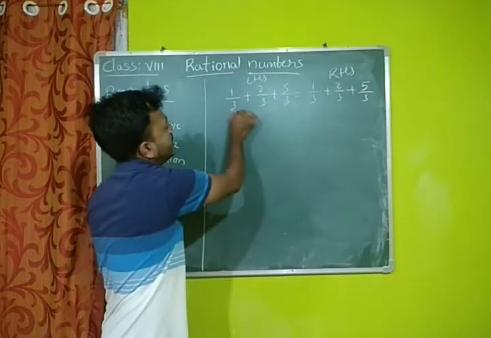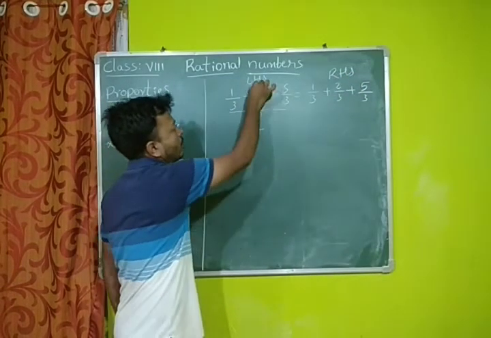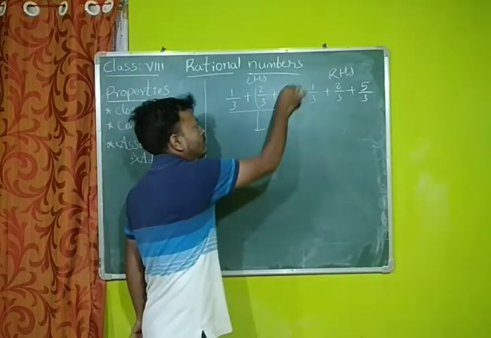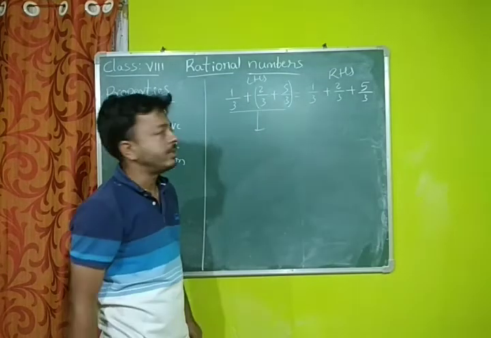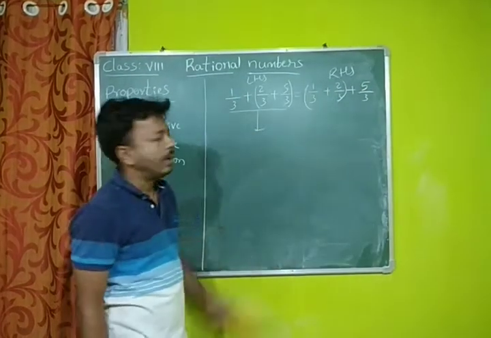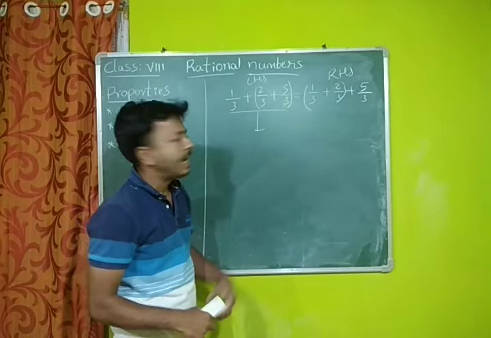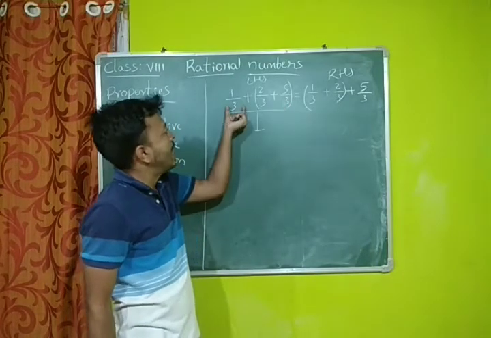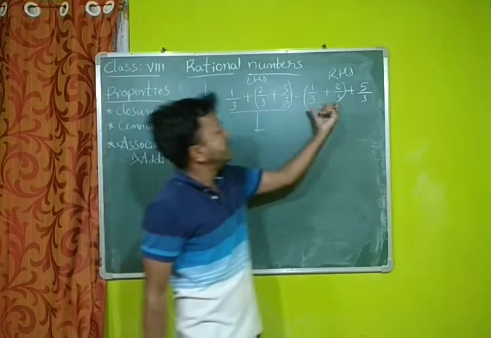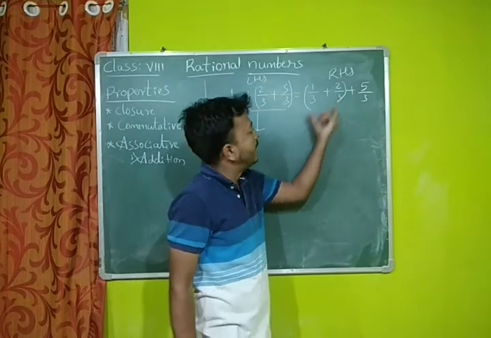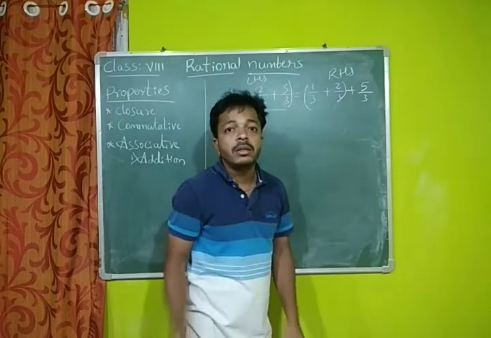But one thing I forgot here: first you have to keep the bracket on these two terms, and the next bracket has to be written here. This bracket indicates that you have to solve these two terms first and afterwards add with the third term, and this one indicates first you have to simplify these two terms, finally add with the third term.